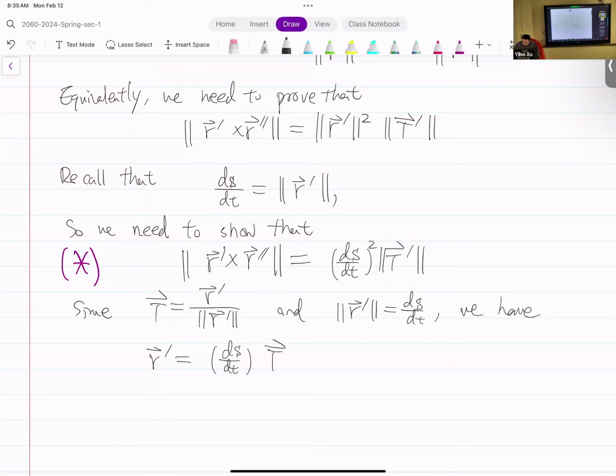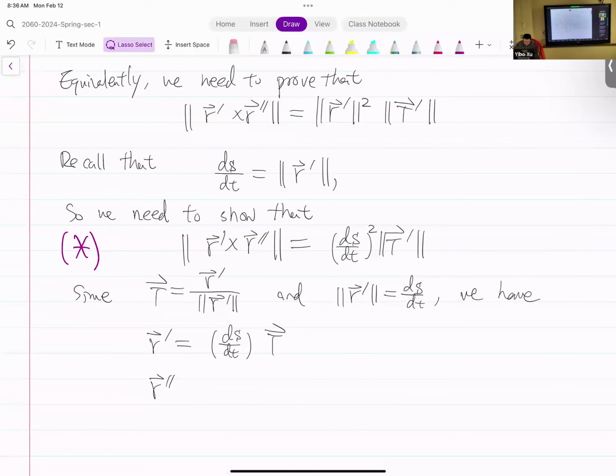And this is a product of a scalar function and a vector function, right? Here we want one more derivative, and it will give us r double prime, and that's the product rule. So, in a little more descriptive words, taking the derivative d/dt on both sides.